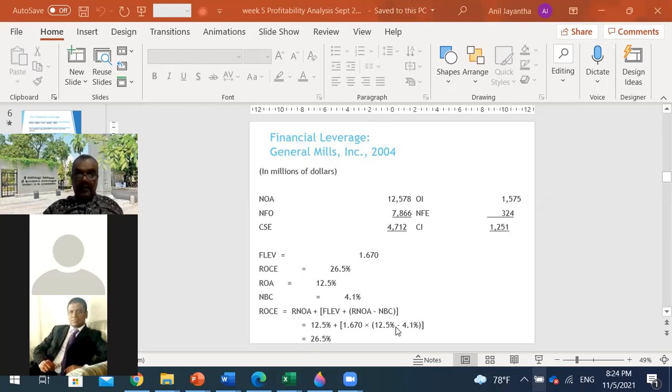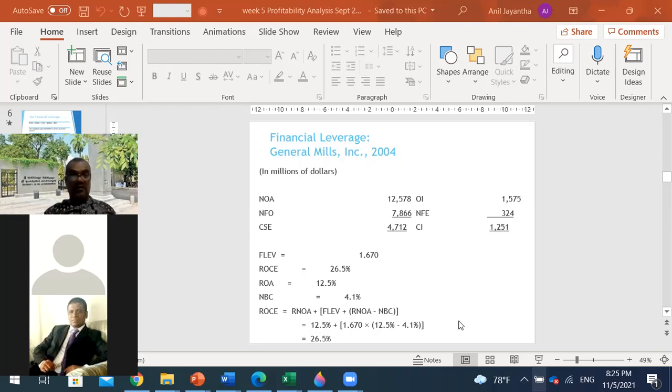And the spread is, how much is the spread? Huh? 8.4. 8.4. Yes, that is a big spread.